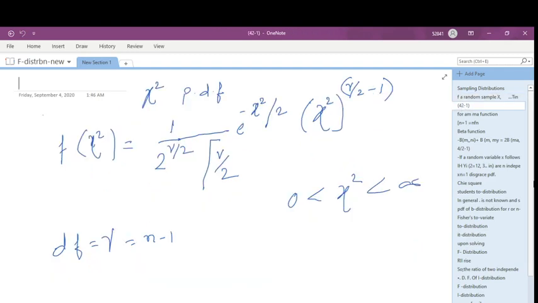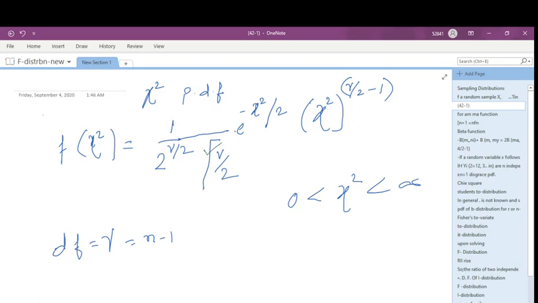Fine, and this is the probability density function of chi-square. The PDF for chi-square is 1 by 2 to the power nu by 2, and here you see we have a gamma function of nu by 2. I'll explain what it is in a few minutes.